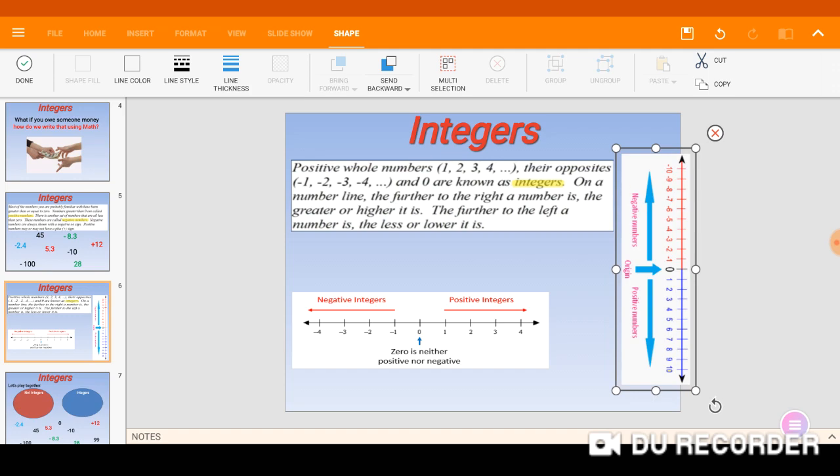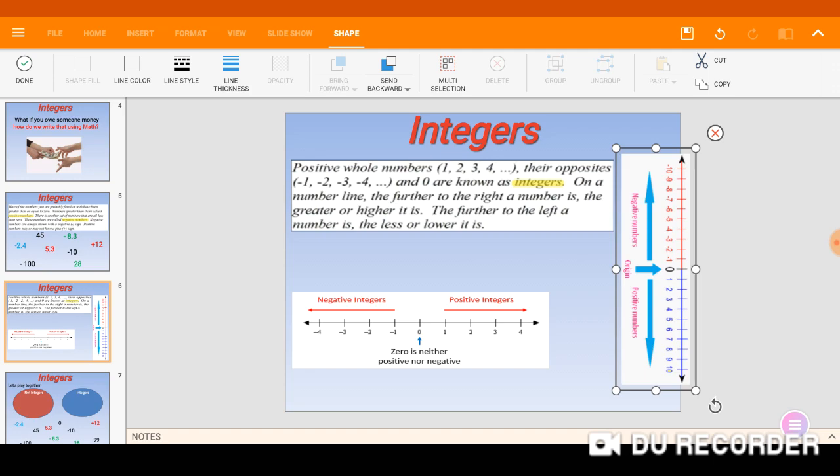So each positive number has an opposite on the other side, which is a negative number. And 0 also belongs to integers, okay? On the number line, the further to the right a number is, the greater or higher it is.